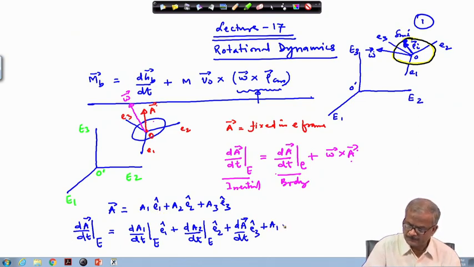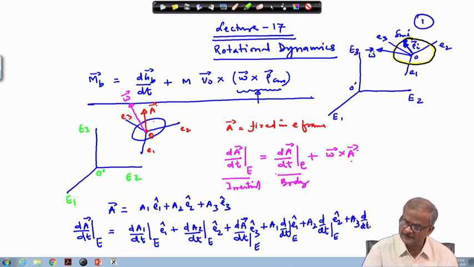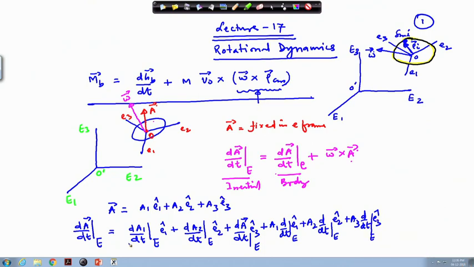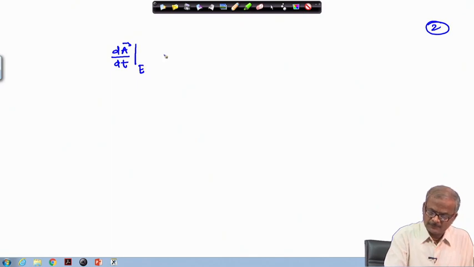So, A 1 times d by dt of e 1 cap with respect to the E frame, similarly A 2 times d by dt of e 2 cap, all these derivatives being with respect to the E frame, and A 3 times d by dt of e 3 cap with respect to the E frame. This is dA by dt with respect to the E frame.